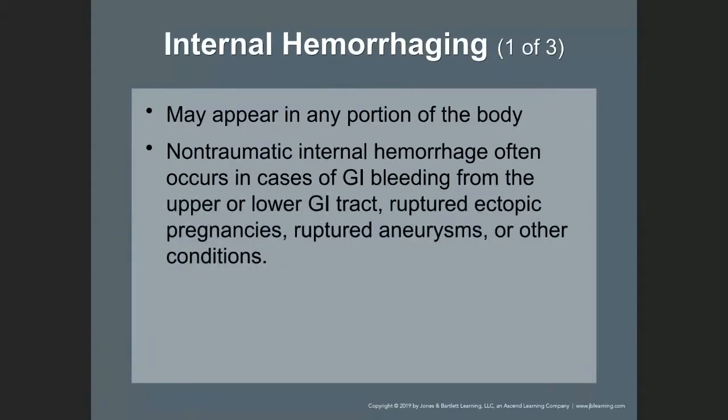Internal hemorrhaging may appear in any portion of the body. Non-traumatic internal hemorrhage often occurs in cases of GI bleeding from the upper or lower GI tract, ruptured ectopic pregnancies, ruptured aneurysms, or other conditions.